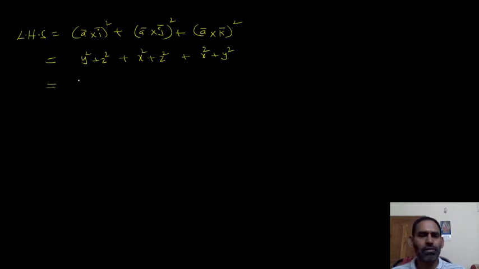Here we have 2x square, 2y square, 2z square. So this implies 2 into x square plus y square plus z square.